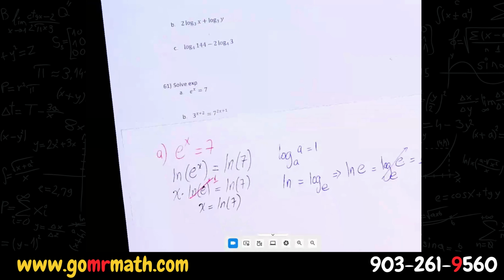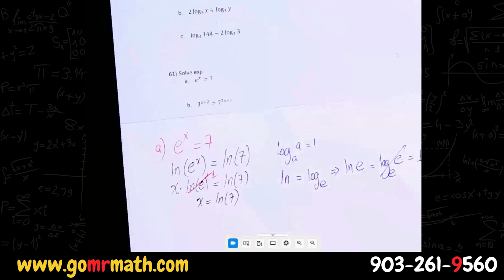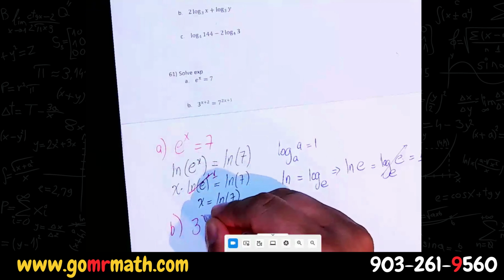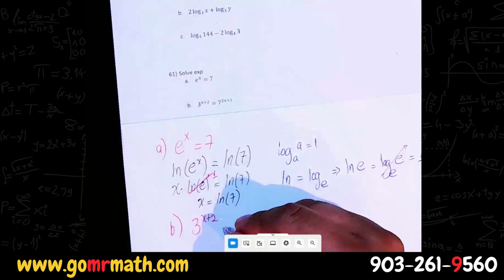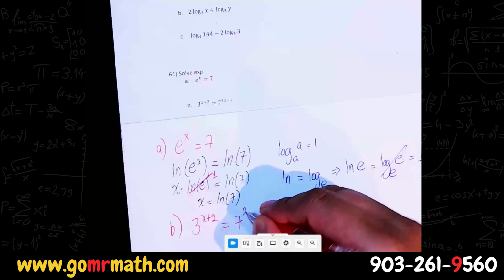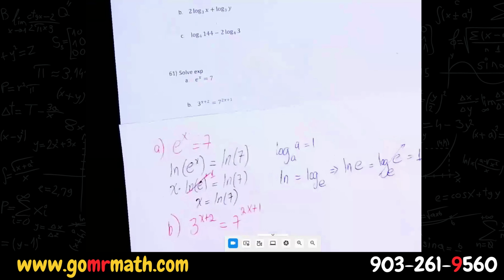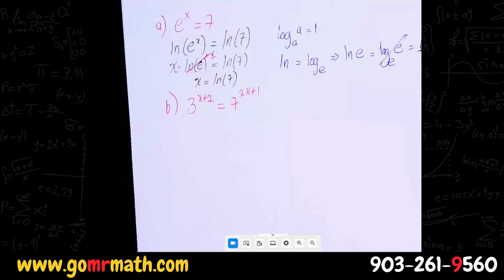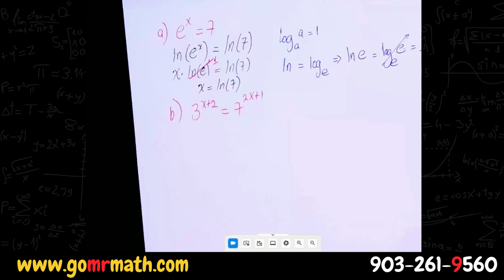It says, letter B, 3 to the x plus 2 equals 7 to the 2x plus 1. There are a couple of ways we can solve this exercise, but all of them are going to involve applying logarithms at the end.